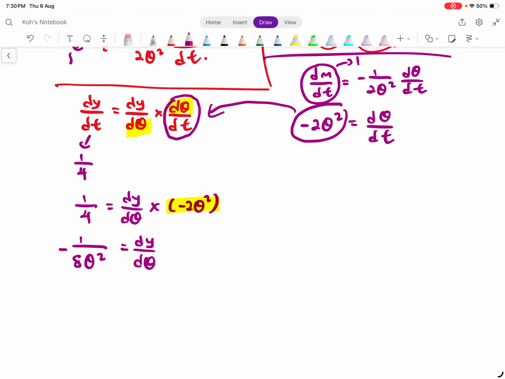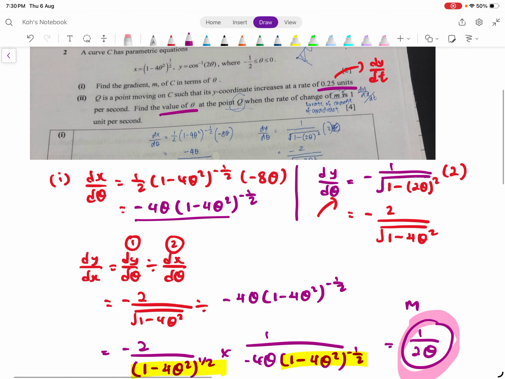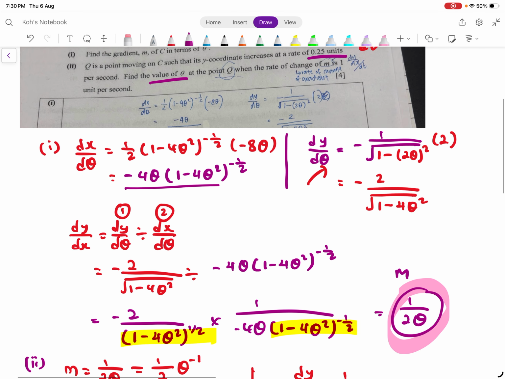So I stop here first. dy/d theta equal to negative 1 over 8 theta square. By one look you thought it might be a differential equation, but actually it's not. So I need to go back to the very first part, where we got this dy/d theta.